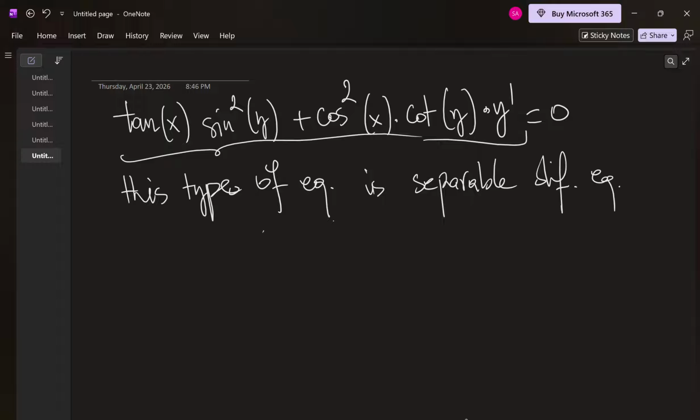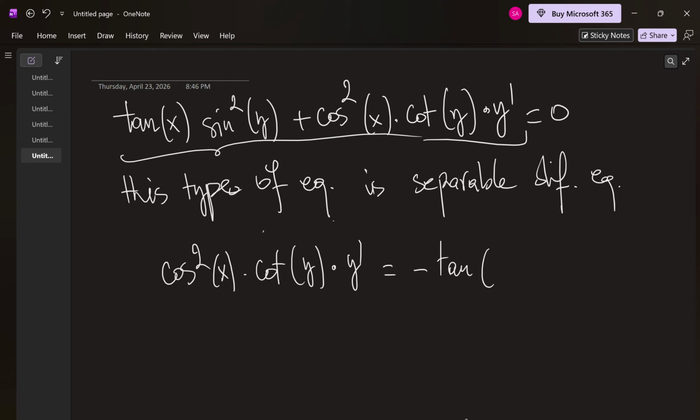Now we separate the x's on one side and the y's to another side. So firstly we take this guy to the other side. We have cos squared x times cotangent y times y prime is equal to minus tangent x times sine squared y.